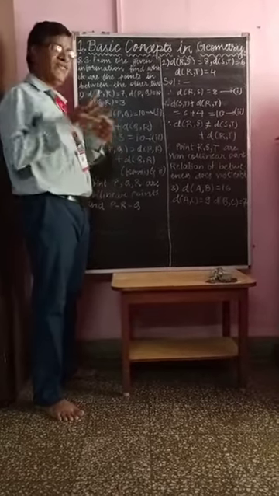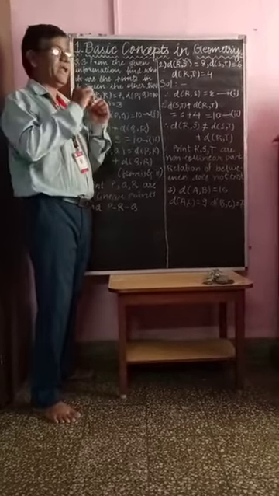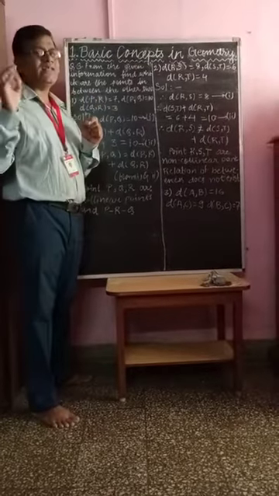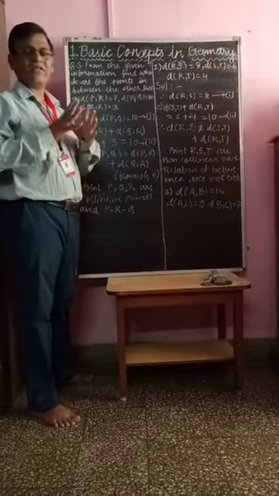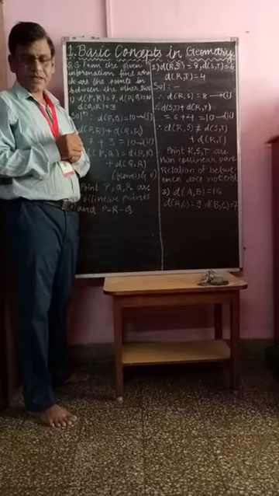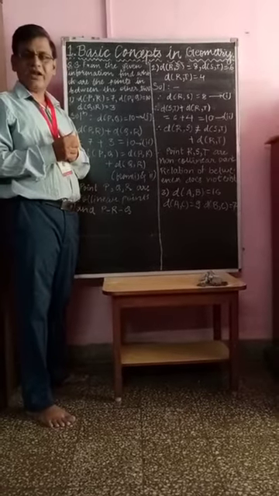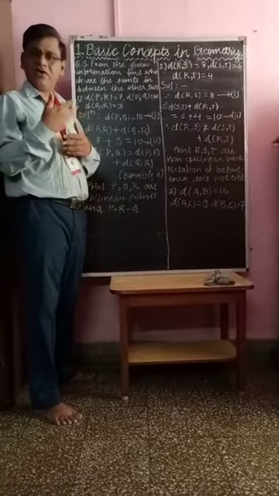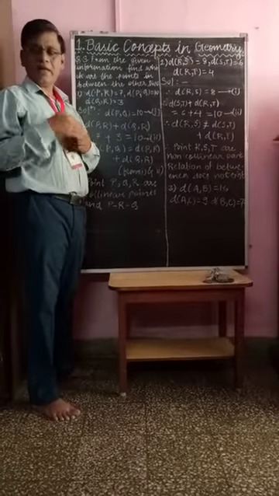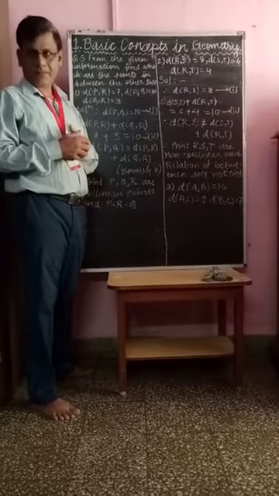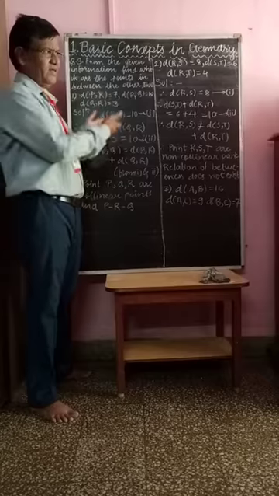For example, if 3 points A, B and C are on the same line, that is, they are collinear, then you get 3 conditions. Either AB is equal to AC plus BC, or the other 2 conditions.